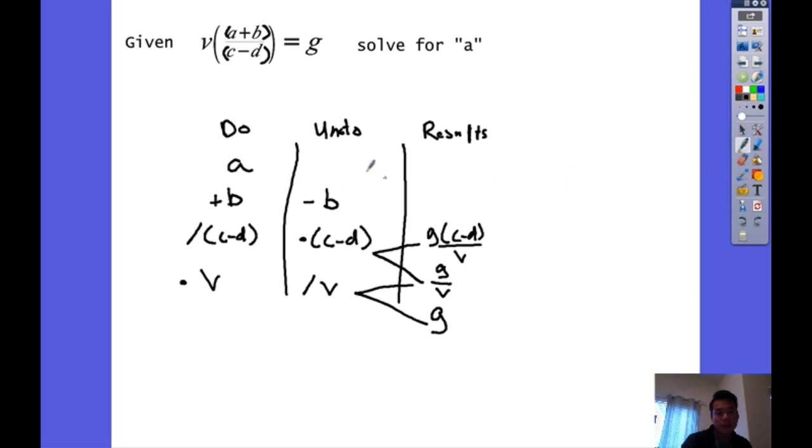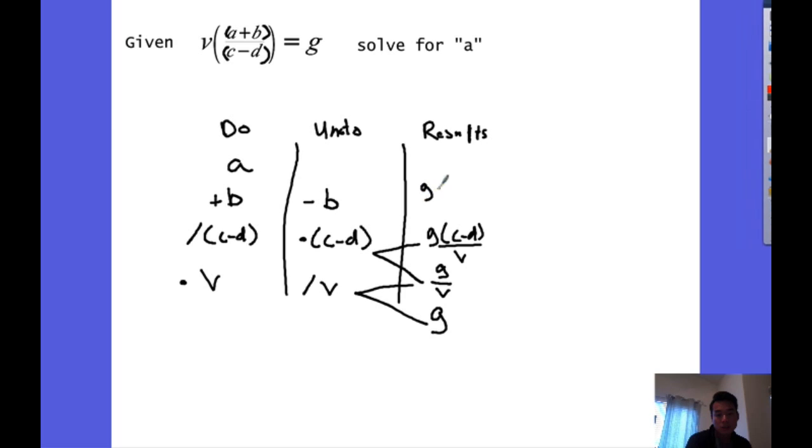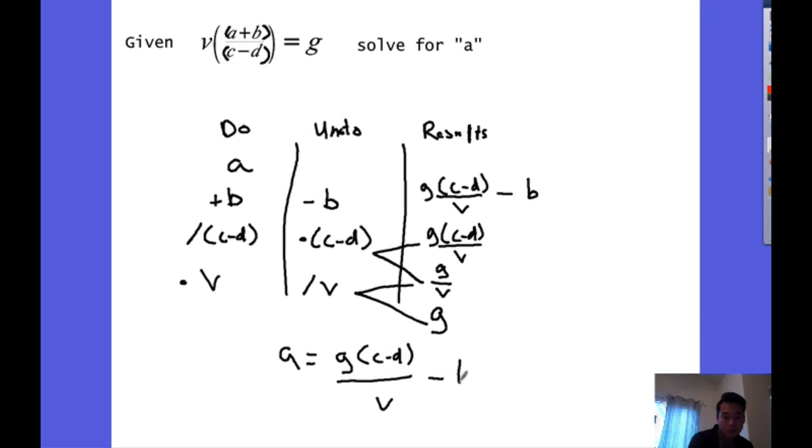So then what I end up having is g times c minus d divided by v minus b. And that's what a equals. So I'm going to write it over here. A is equal to g times c minus d divided by v minus b.